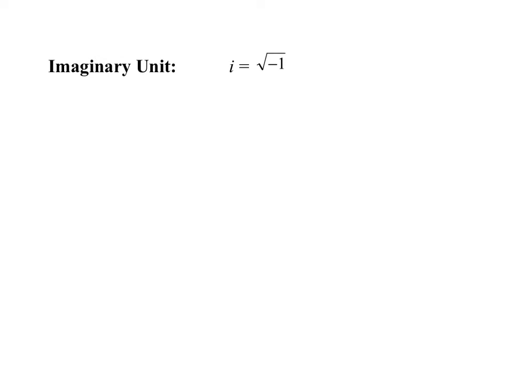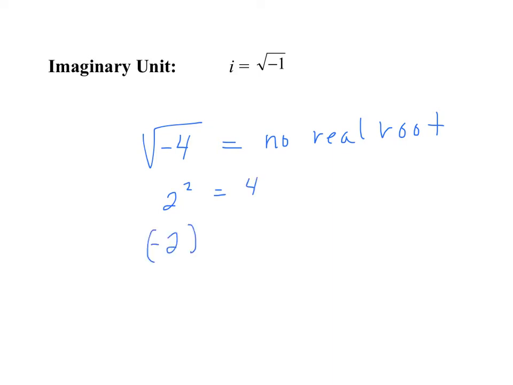Recall really quickly when we were doing some radical work and we recognized that if you took the square root of -4, we knew that we could not find any real root, because 2 squared is +4, -2 squared is still a +4, so we couldn't understand what it is that you would square to get -4, and we decided that there was no root for that situation.